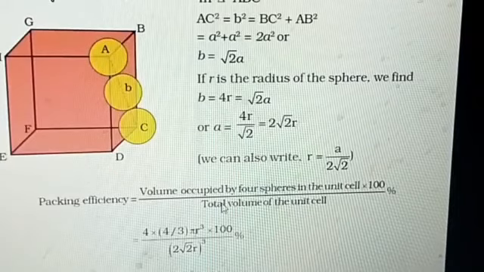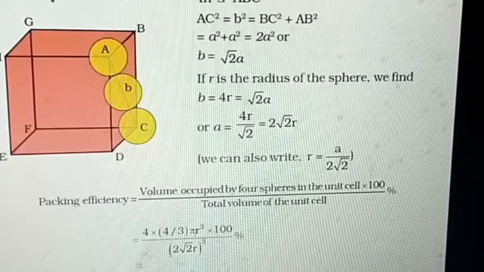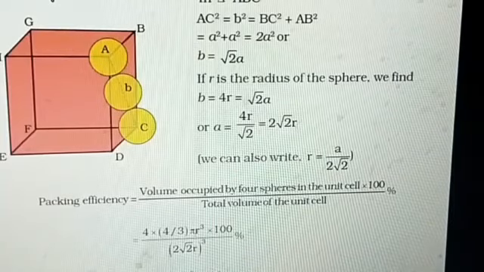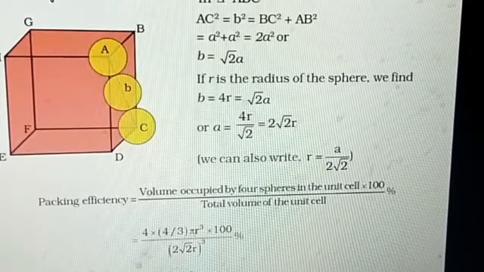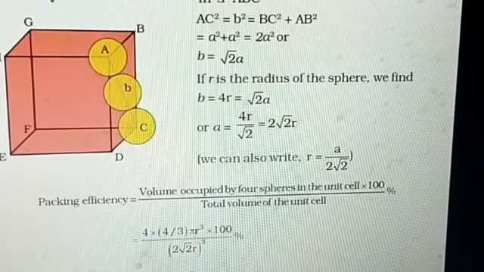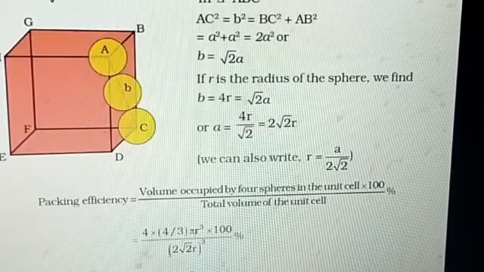So 4 into 4 by 3 pi r cube by the total volume of the cubic unit cell, each side is 2 root 2 r, so 2 root 2 r whole cube, into 100. 4 into 4 means 16 by 3 pi r cube by 16 root 2 pi r cube into 100. How did we get 16 here? 2 cube is 8. Root 2 cube means 2 root 2. So 8 into 2, 16. So 16 root 2 r cube, that is equal to 74%.